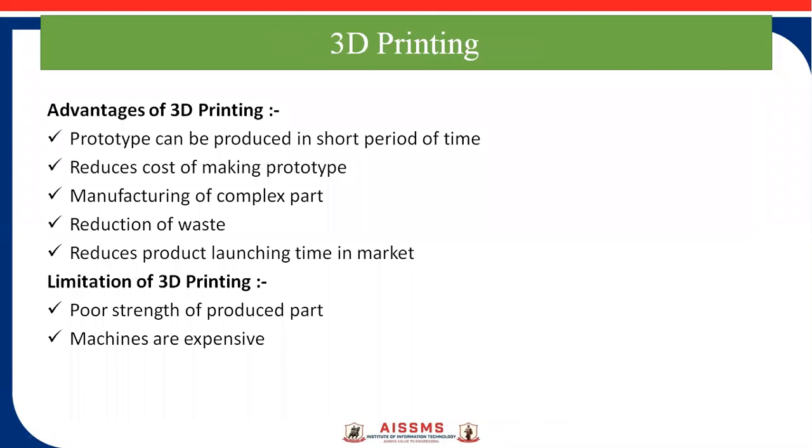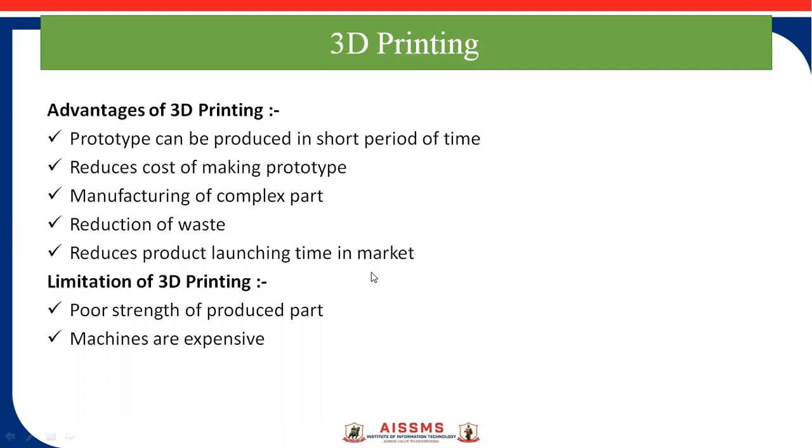What are the advantages? After understanding the process, we should know the advantages and the limitations of the 3D printing process. In the advantages, a prototype can be produced in a short period of time, it reduces the cost and time of making a prototype, manufacturing of complex parts is possible using 3D printing, reduction of waste material, and it reduces product launching time in the market.